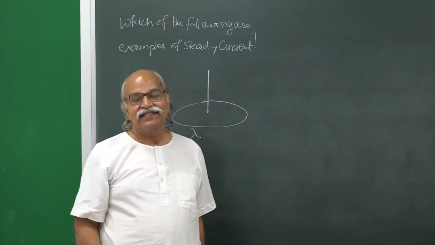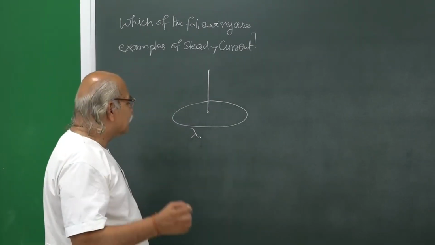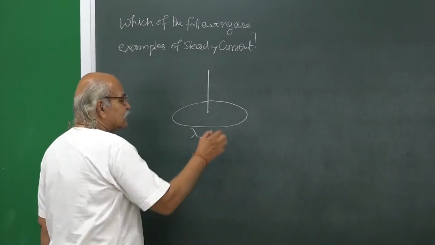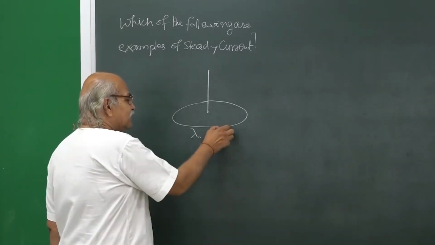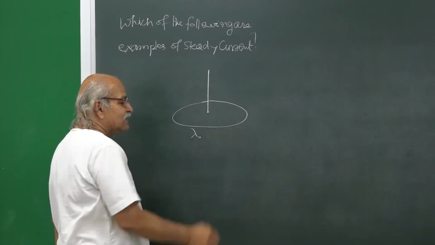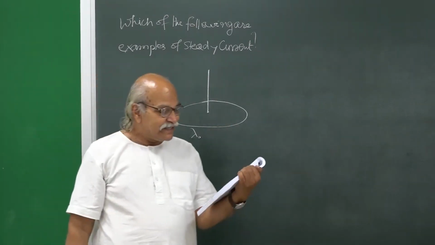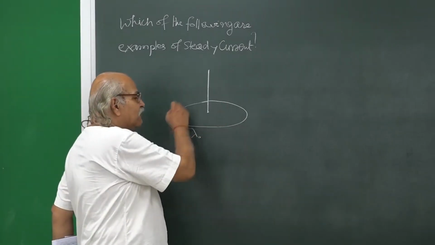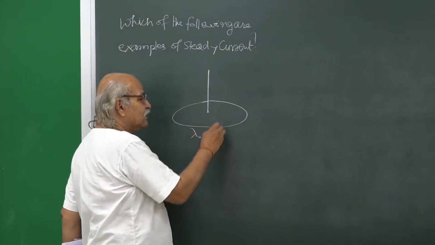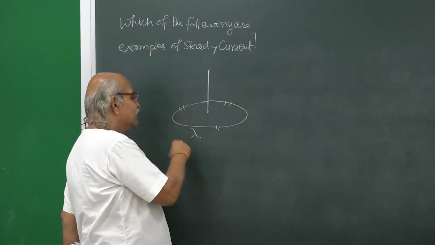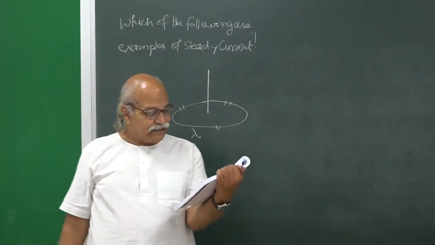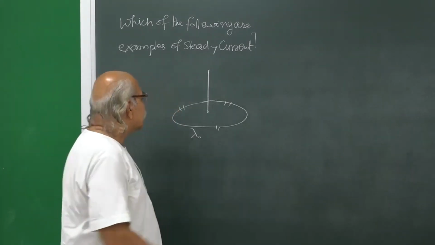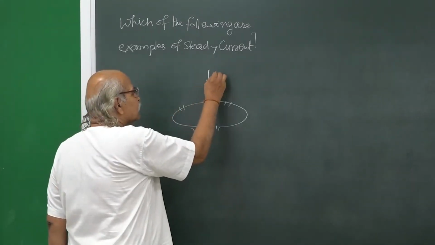If the charges are existing along a line, then you take some dl and see how much is the charge, then divide, that is called linear charge density, and it is uniform linear charge density. That means the same everywhere. You take this dl here or you take this dl here, it is the same, and that is lambda naught, and it is rotating about its axis with a constant angular velocity omega.